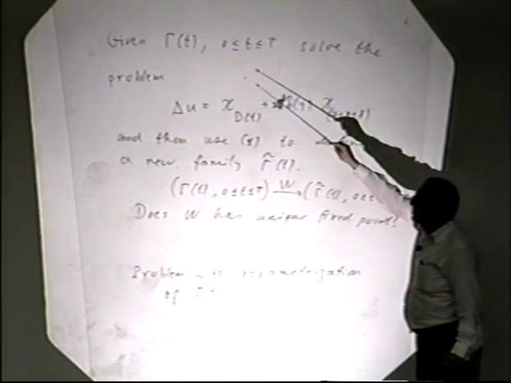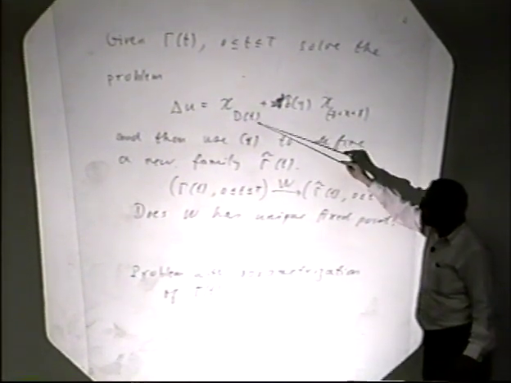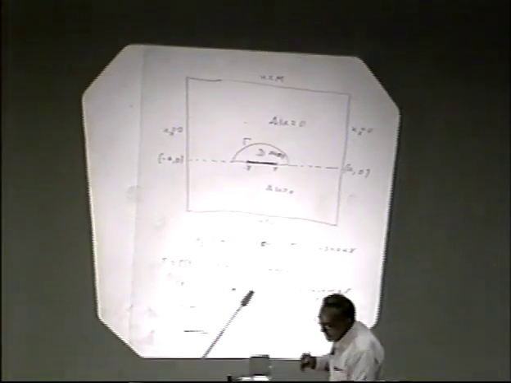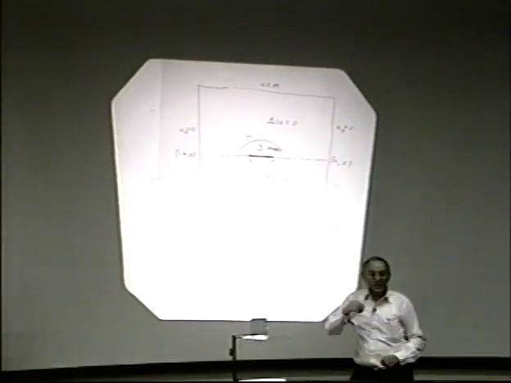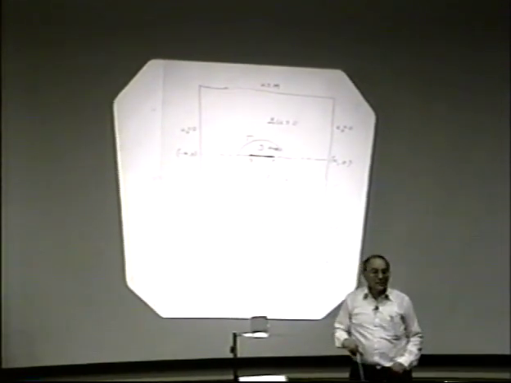So for any family of curves, you solve this. Now you know the domain. If you know the curves, you solve this, and after you have solved the equation, you compute the derivative of the solution on these curves gamma of t, and you get velocities.